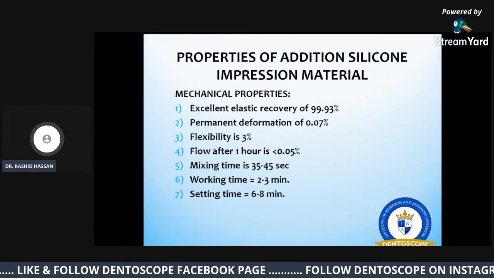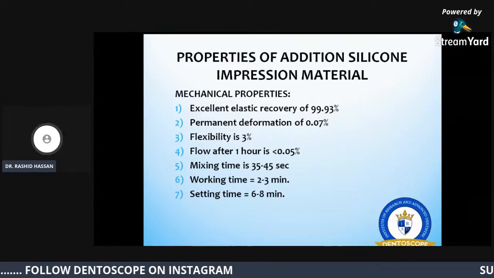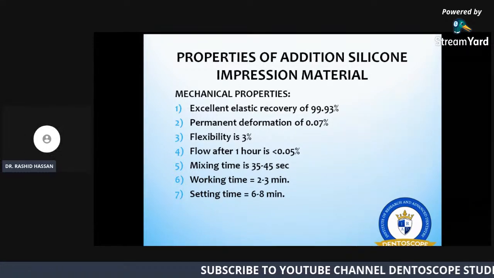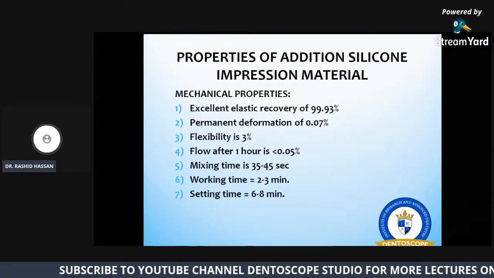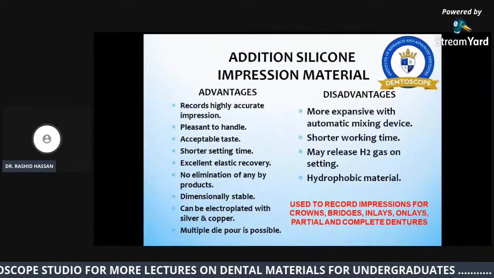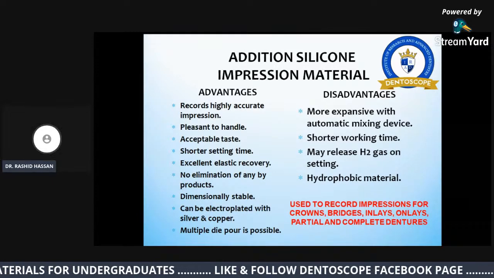Like the setting time is about 6 to 8 minutes, right? In the polysulfides, it was about 20 minutes. Then it was reduced to 10 minutes. And here, 6 to 8 minutes. Well, good one, I would say. Still, 8 minutes is acceptable in the case of addition silicons.